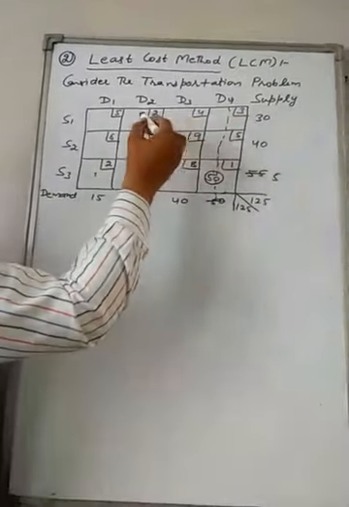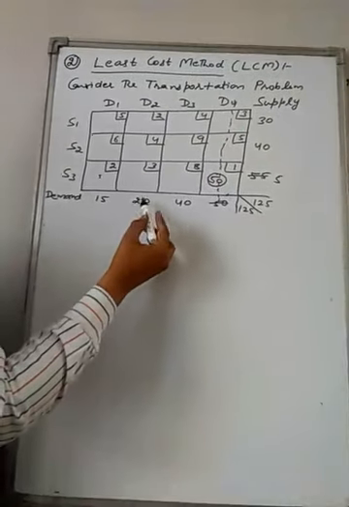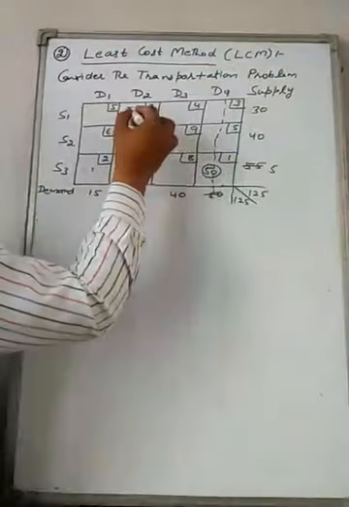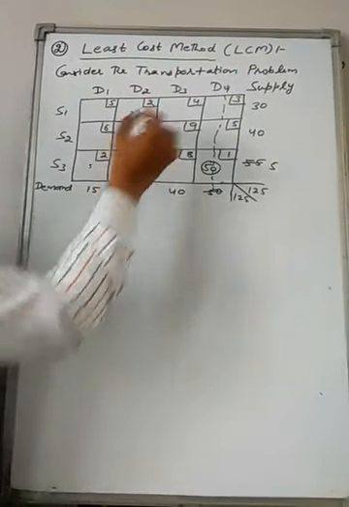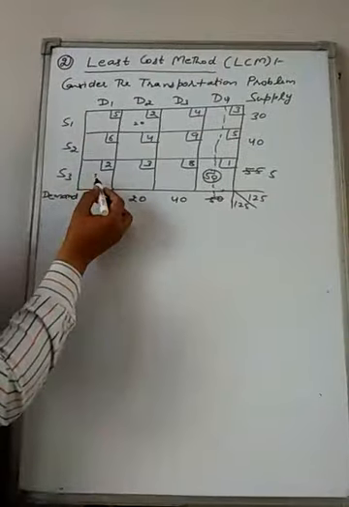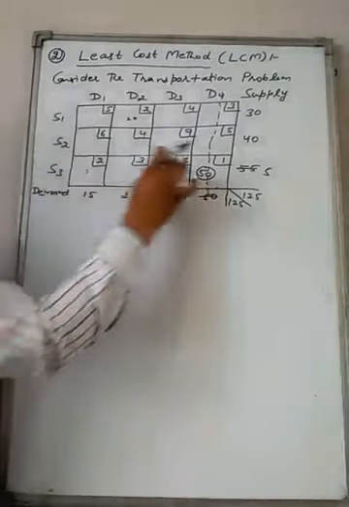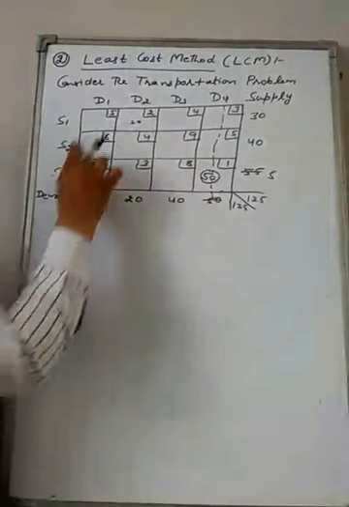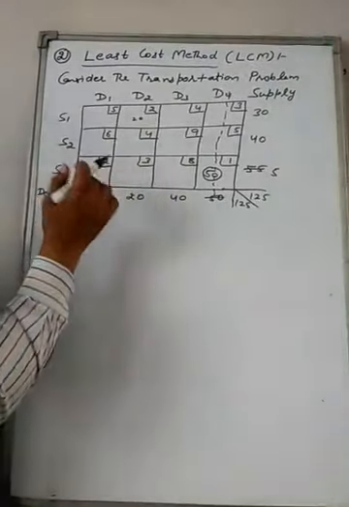If we take this cell, then we will allocate minimum of 20 and 30, that is 20. Therefore, we will allocate the minimum here. In the case of a tie between these two cells, we will choose this cell.